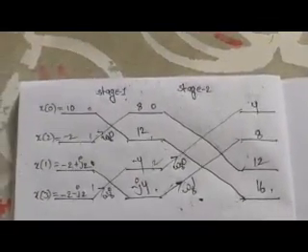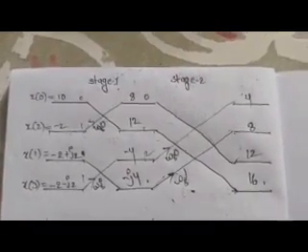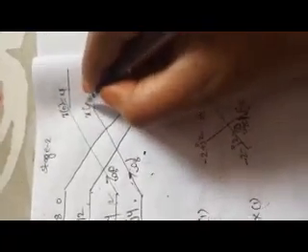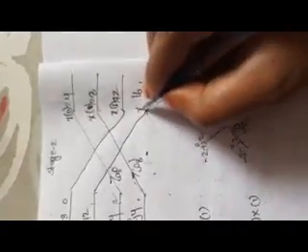So this is the butterfly structure for the 4-point sequence. And these are the outputs. These outputs are in normal order, that is x of 0, x of 1, x of 2, x of 3, and we got 4, 8, 12, 16.